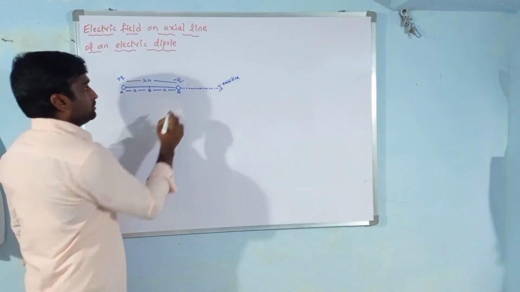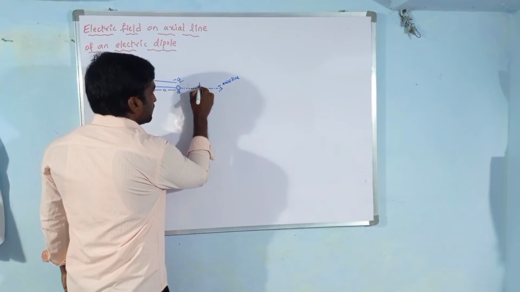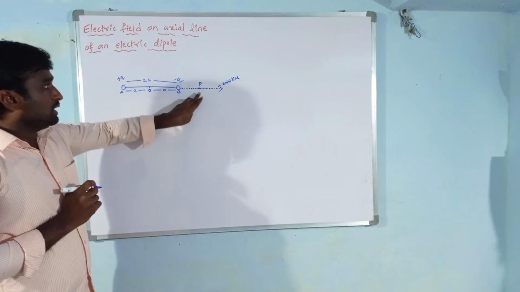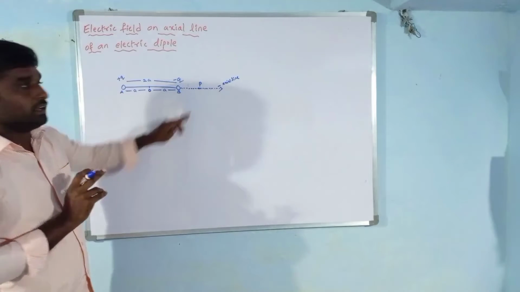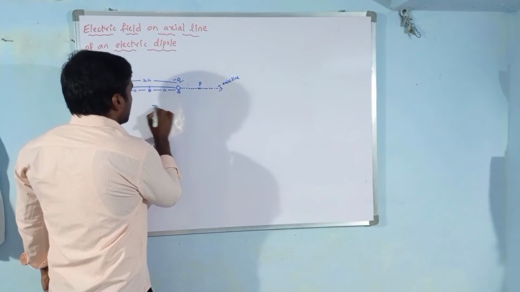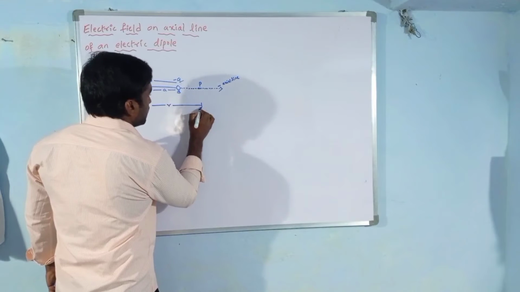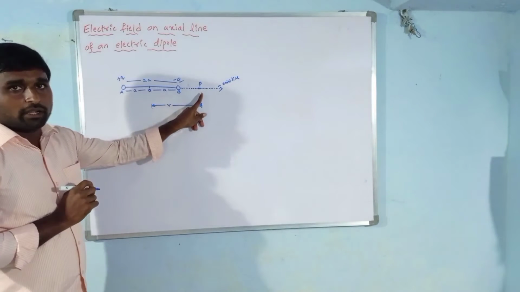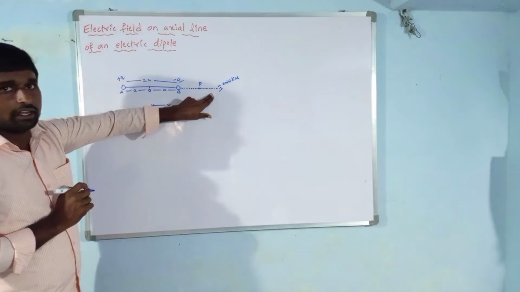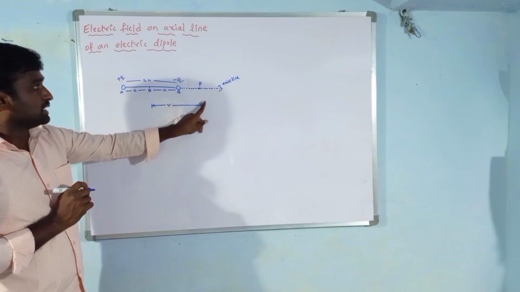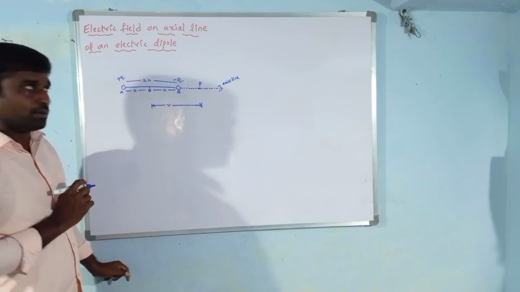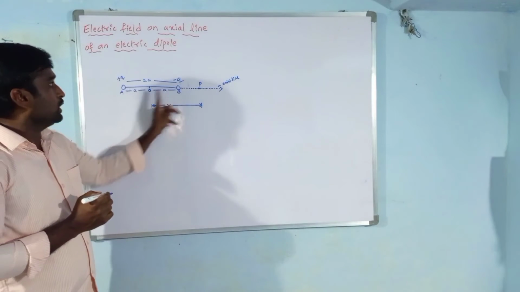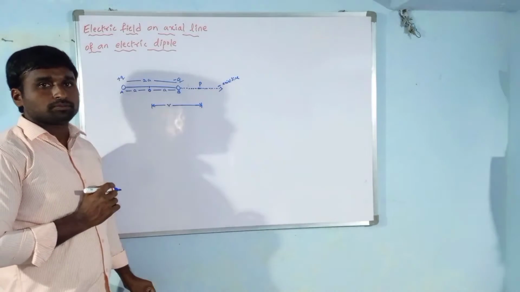Now let's consider this point P. Let point P be on the axial line at a distance r from the center of the dipole. Now we have to calculate the electric field intensity at point P due to this dipole.